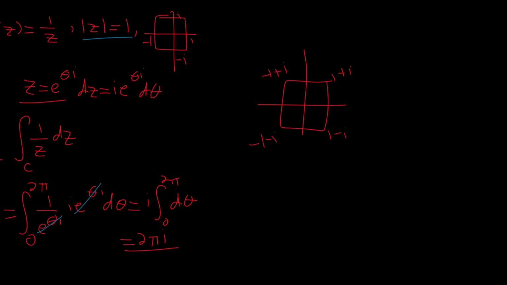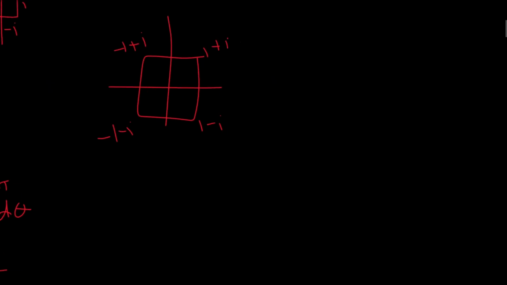And one thing we can do with contour integrals, to evaluate them as a whole, is split them up into parts. So what I'm going to do is zoom in on here and call this bit right here gamma 1, this bit right here gamma 2, gamma 3, and gamma 4. You'll often see this when you do contour integration.